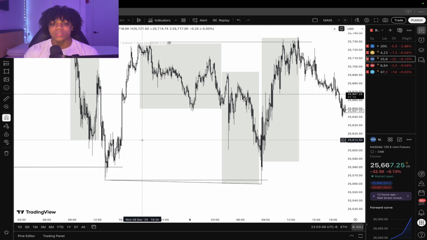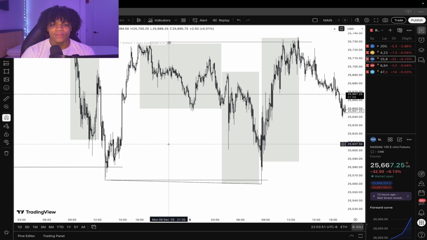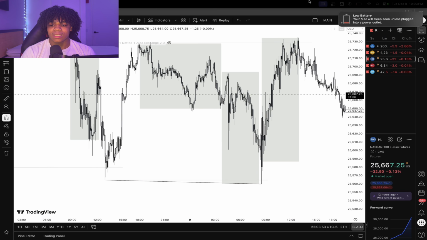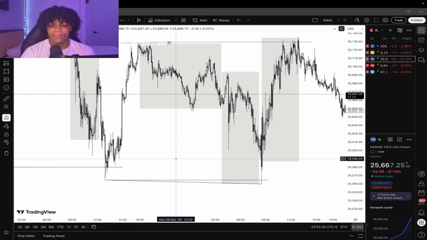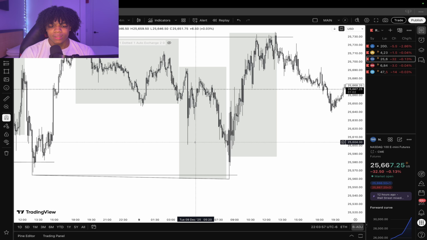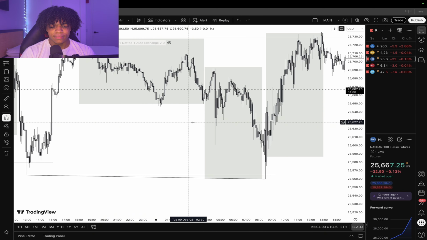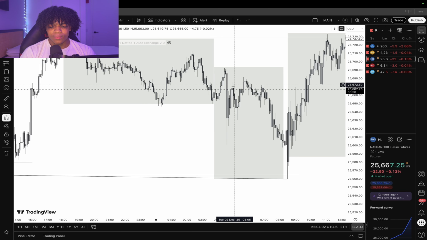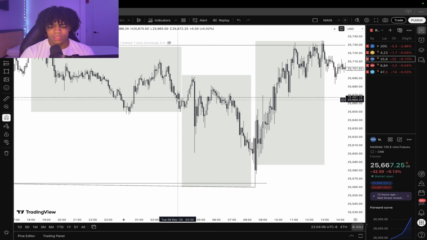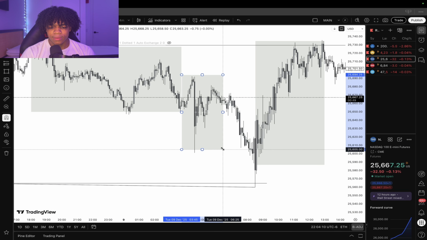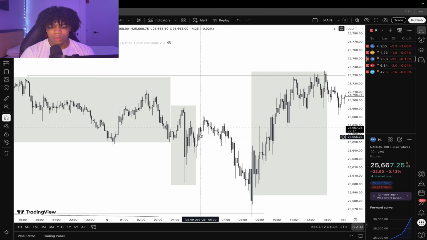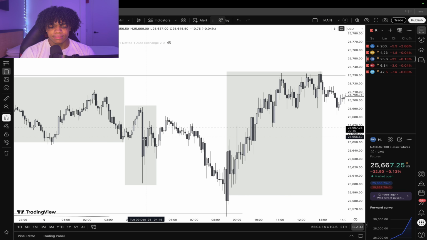But this is how you can use SMT divergences to give you a time-based signal that price is going to want to try to reverse, right? So let's say here, without the SMT, we'd be seeing price here, okay? And then let's say we see this huge move below, and we're thinking, oh, okay, we actually had our accumulation. We ended up manipulating lower here. Oh, we're probably going to have our distribution, right?